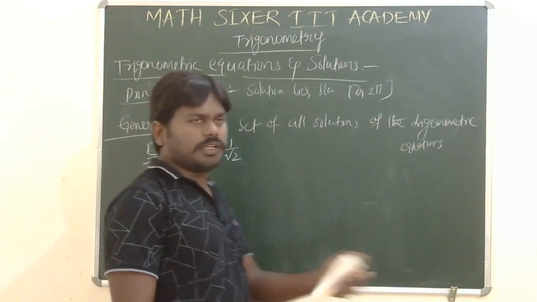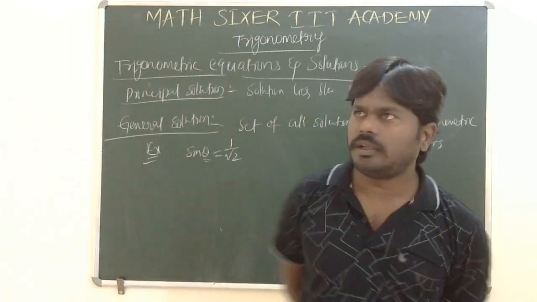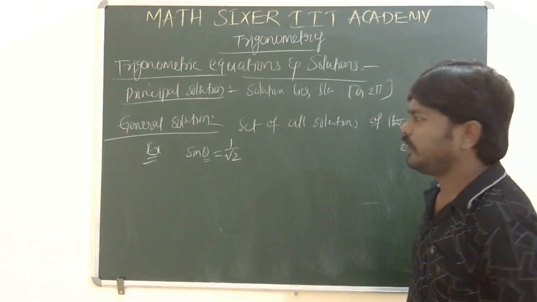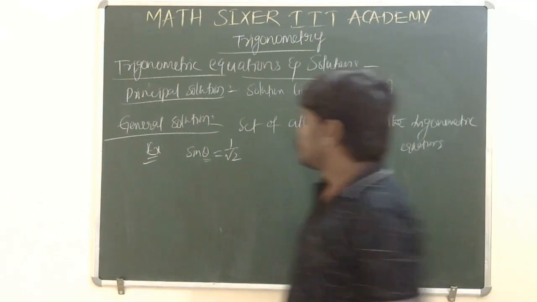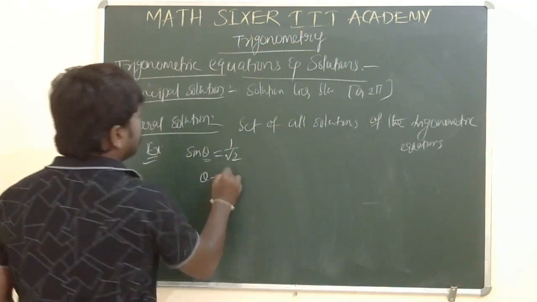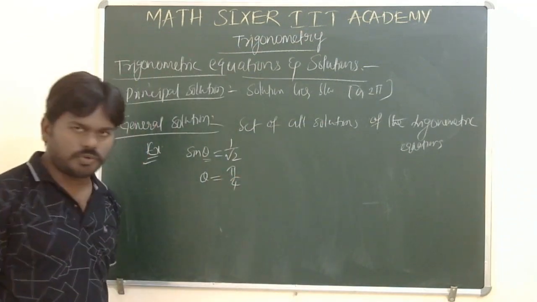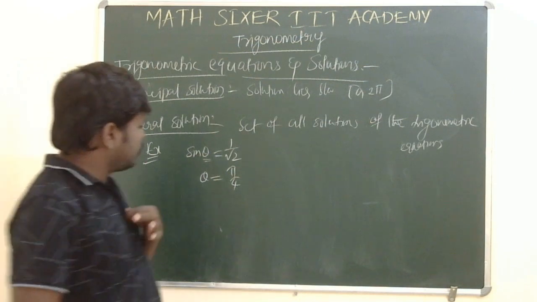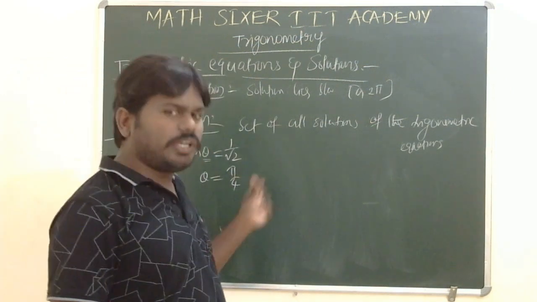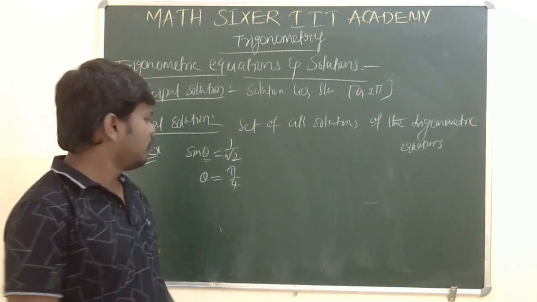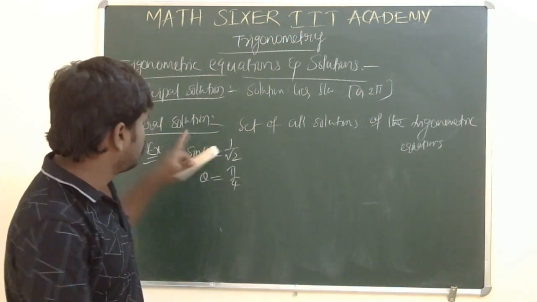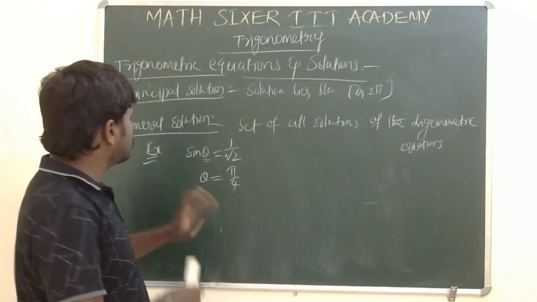As we know from the table, from 0 to 90, pi by 4. At theta is equal to pi by 4, the value of sin theta is equal to 1 by root 2. So here we can say theta is equal to pi by 4. But this is not the only solution for the equation sin theta is equal to 1 by root 2. We have so many solutions, because theta is equal to pi by 4 is the principal solution.